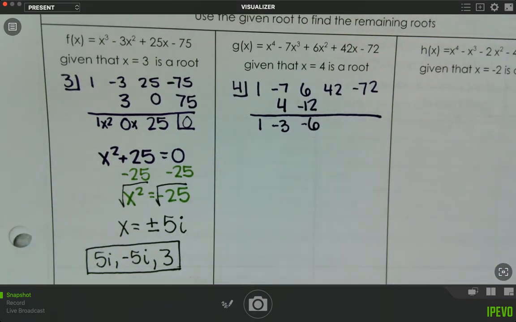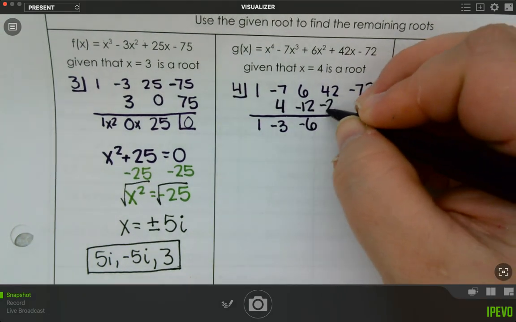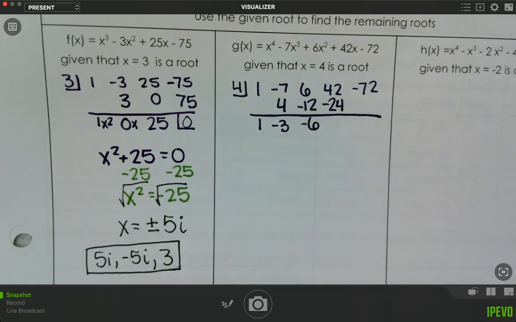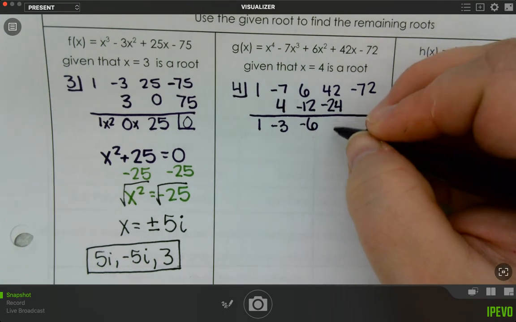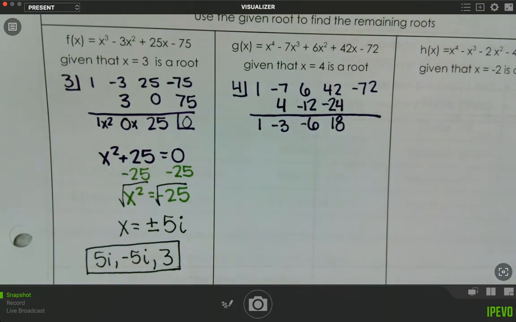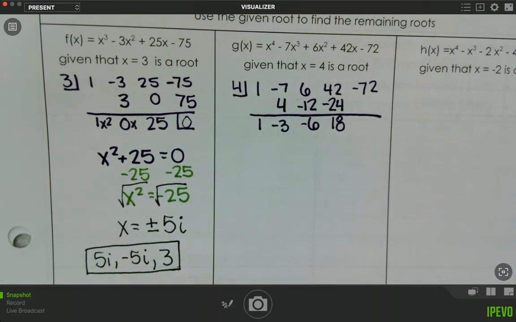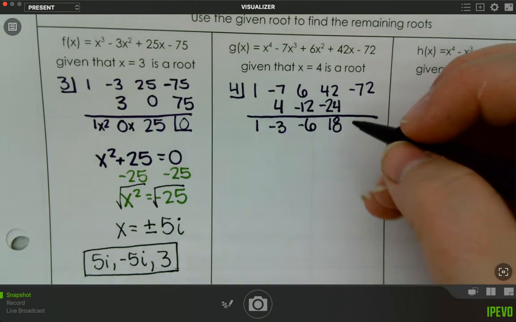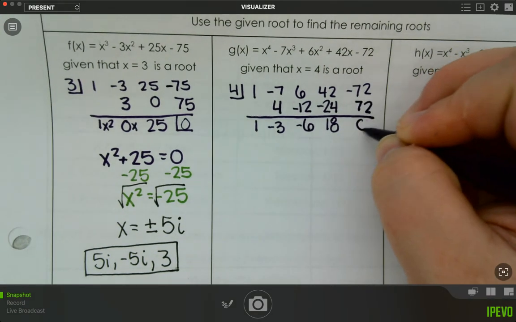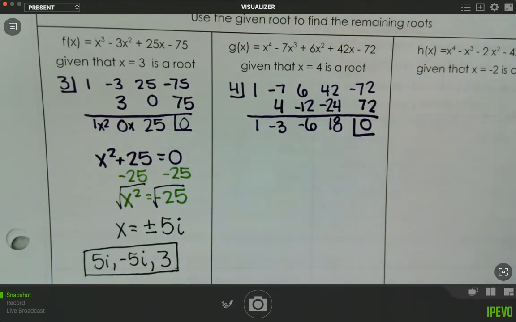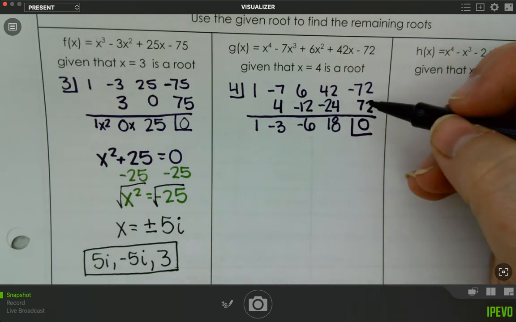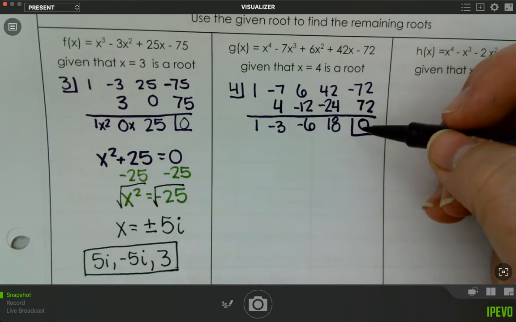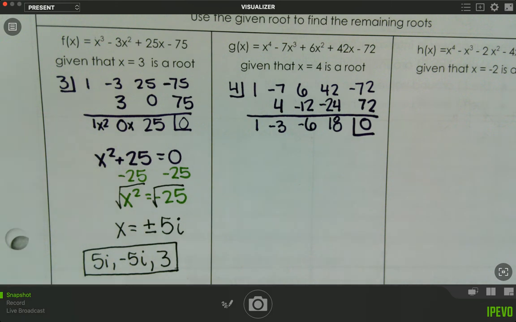Negative 6 times 4 is negative 24. 42 minus 24 is 18. And 18 times 4, you can kind of guess, 72. Make sure that 18 times 4 actually is 72, and you're not just making these up so that they match correctly.